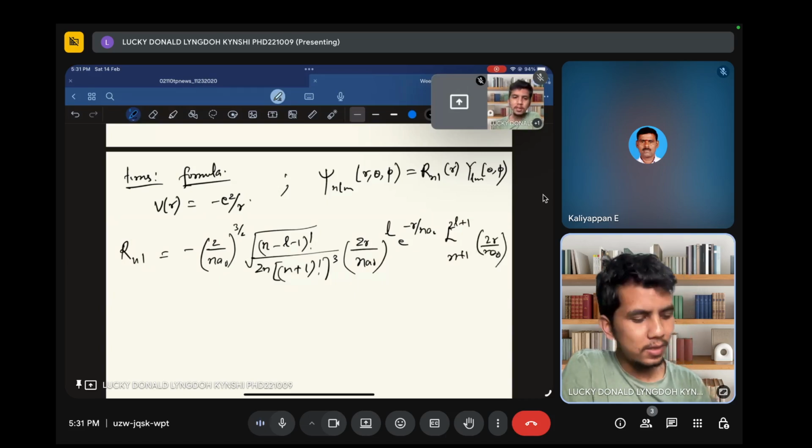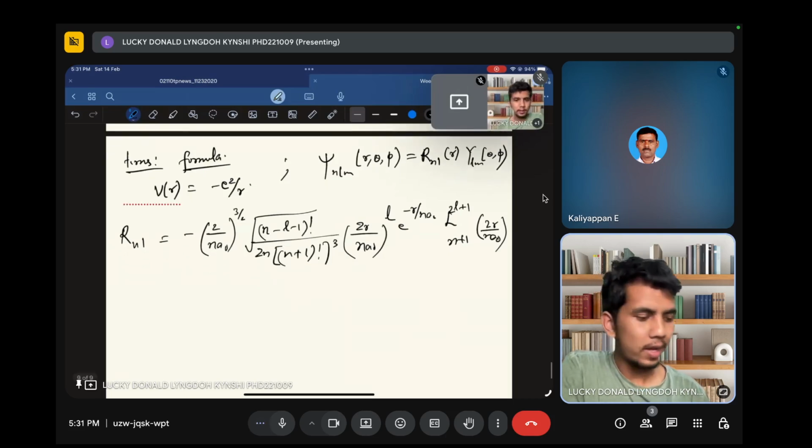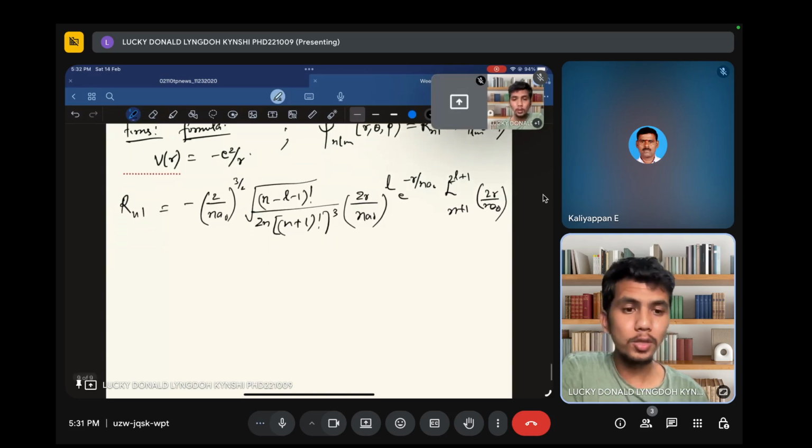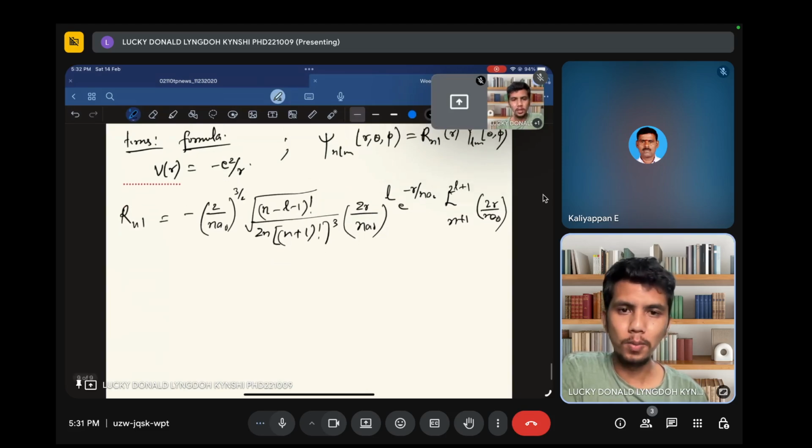Okay, this is a very long equation. Most of the time it is given to you, and I don't think it's necessary to memorize these terms. But if you get to know a few terms of the ground state and excited state, it will be very helpful in solving the numerical problems and having an idea of how they are related.